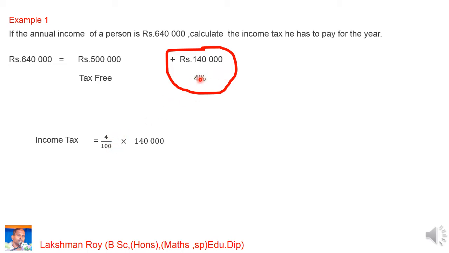If income is 100 rupees, you have to pay 4 rupees as tax, so you multiply by 140,000 rupees. Now you can cut this 0 and this 0, and another 0 here. Now 4 remains, multiplied by 1,400 rupees. Then you get 5,600 rupees. So this is the income tax this person should pay for the year.